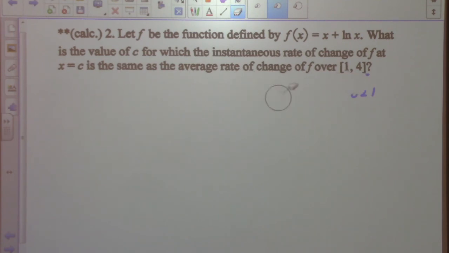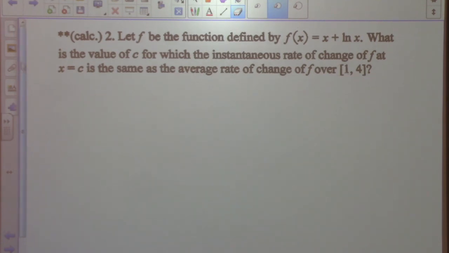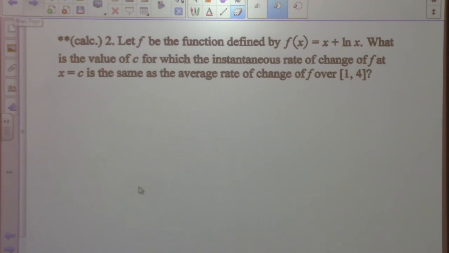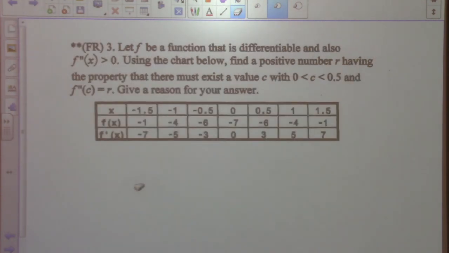And then I think we're going to go right into a table view, and we have differentiable, find a positive number that must exist value.